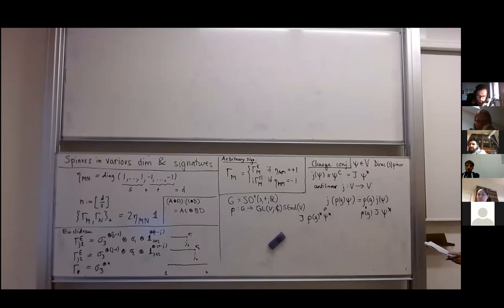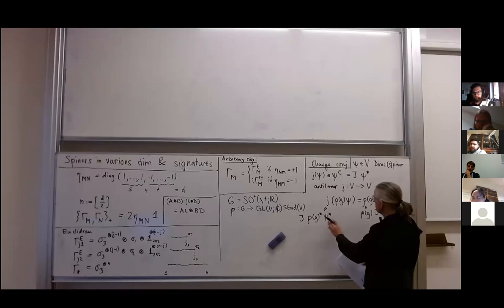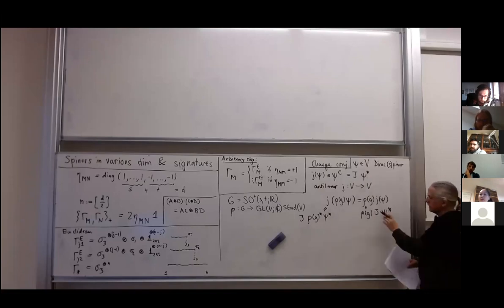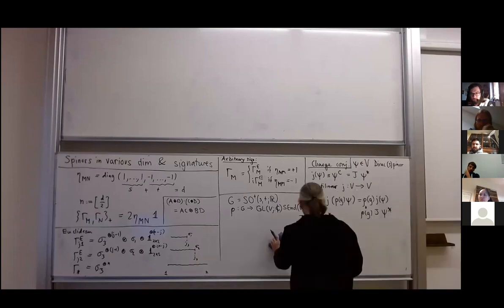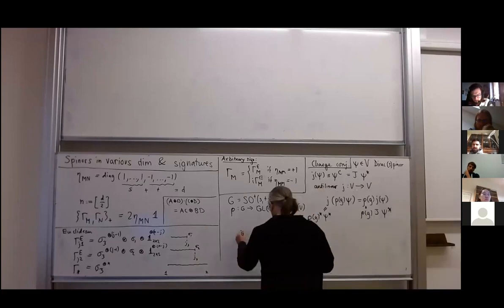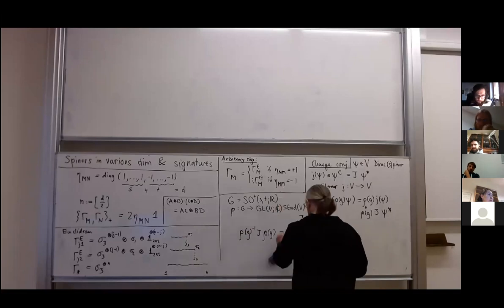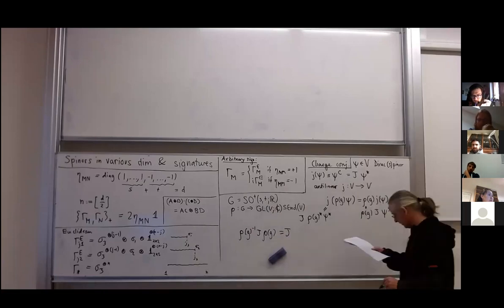Is it clear? So here we are just writing little j into capital J, and then we can get a condition for capital J, which is that rho minus G minus first capital J rho G should be equal to J. I think there's something wrong. There should be a star here.